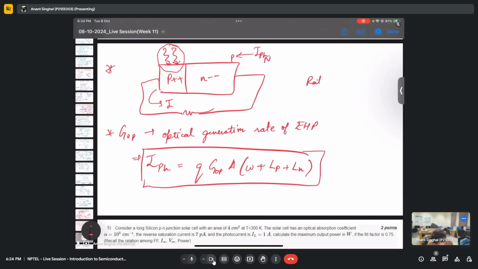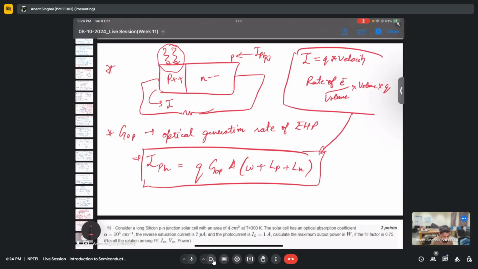So it is the rate of electrons per unit volume into volume, multiplied by the charge, because the current is nothing but charge into velocity. So that is why this comes out. And this I_PH is the photon current.